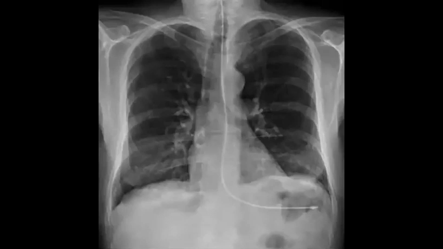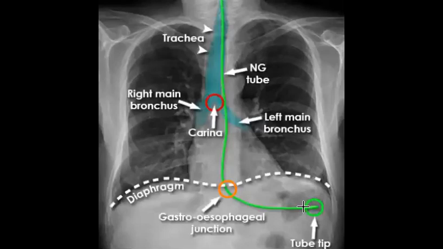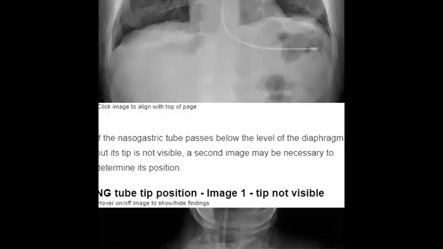Is it in good position or not? Yes, it is in good position. The tip should be here, look for the gastroesophageal junction, and it goes in a good direction, and you check everything. Okay, perfect.